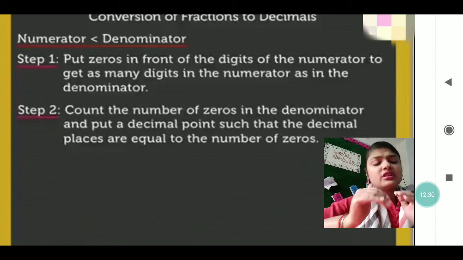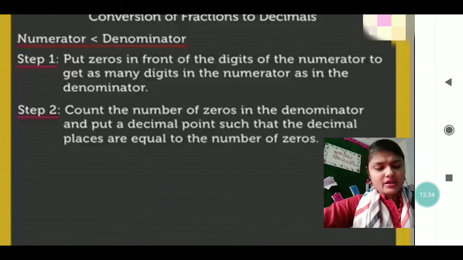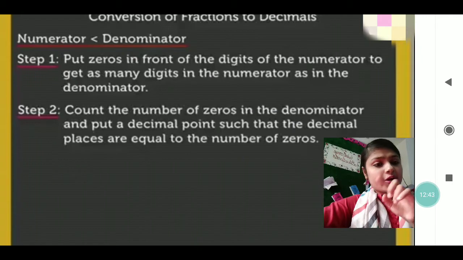So we make both equal by putting a 0 just before the number in the numerator column. If downside it is 100 and upside it is 20, then you put 0 before 2, so it becomes 020. That is what it is saying.